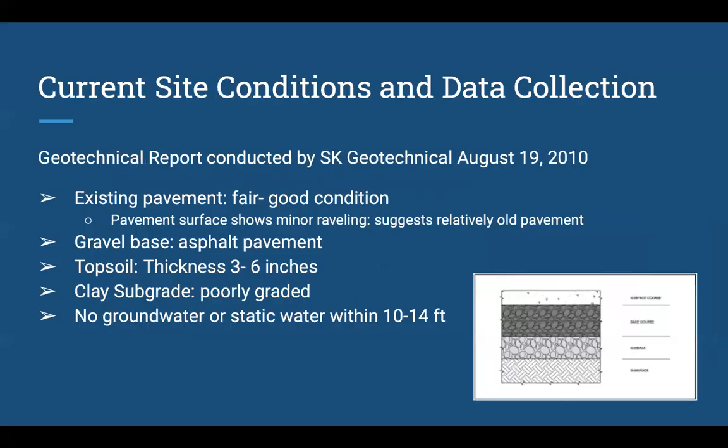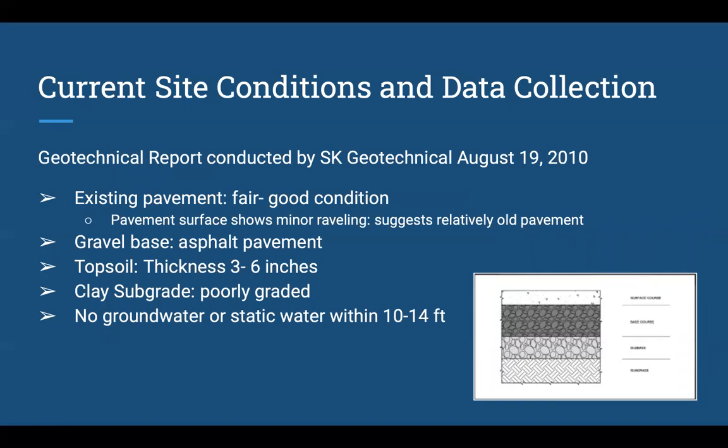So before we went into any design analysis or alternatives, we had to take a look at the current site conditions and the data that we were given by our sponsor and professors. So we were given a geotechnical report conducted by SK Geotechnical in 2010, and we were also given a topographic map and survey of the runway and turnarounds themselves.